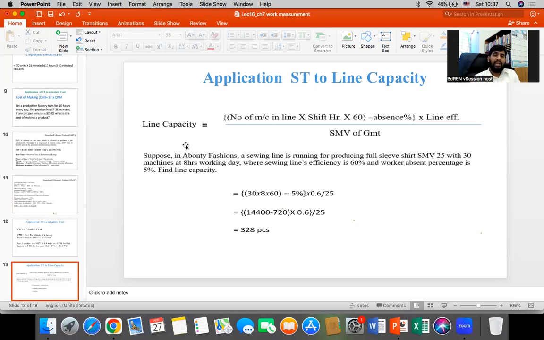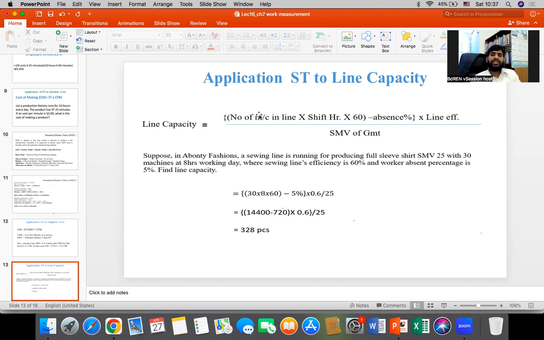How to calculate line capacity: number of machines in the line multiplied by shift hours, converting into minutes. If you have 10 machines, 10 multiplied by the working hours, say 10 hours, multiplied by 60. That means you are converting hours into minutes.